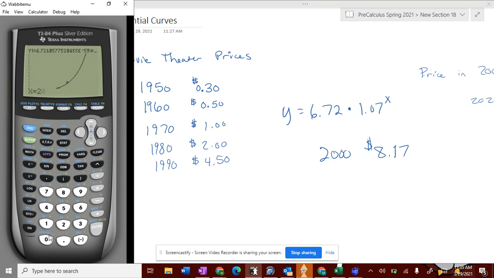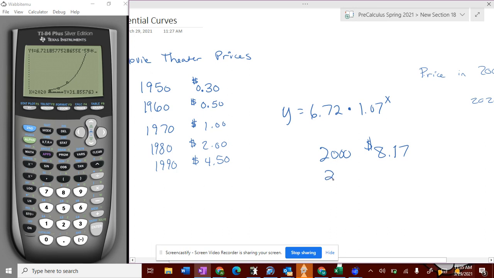If we go to the year 2020, my exponential function has gone all the way up to $31.86. Which I don't know how many people would go pay $30 to go watch a movie in today's world.